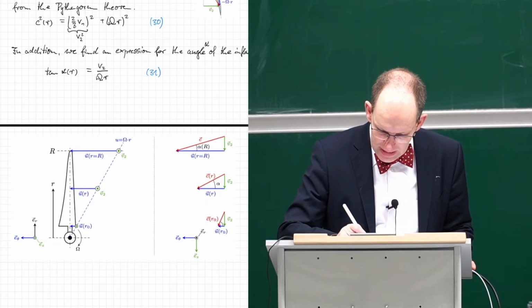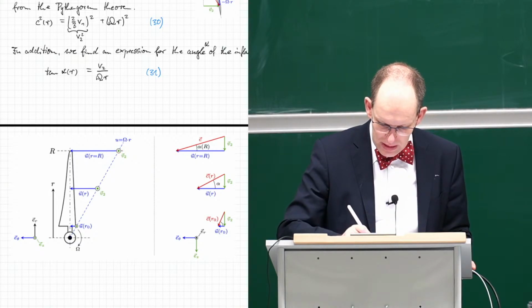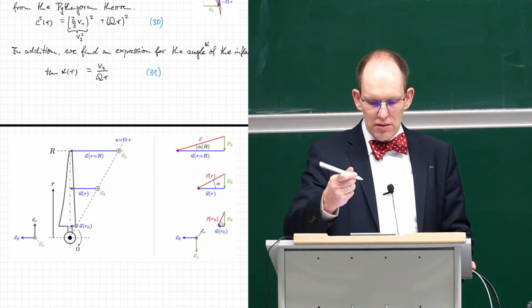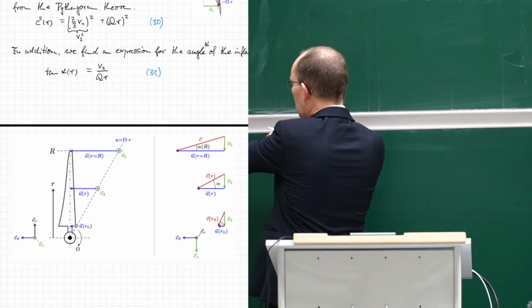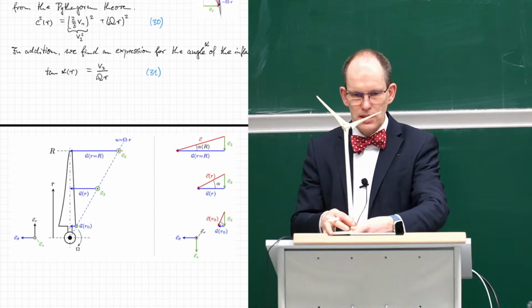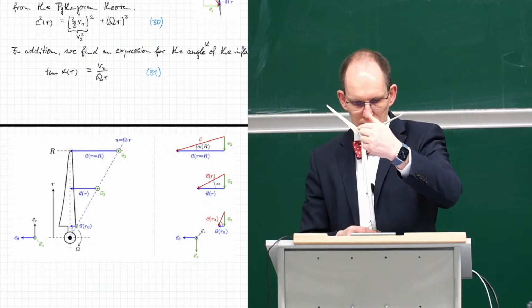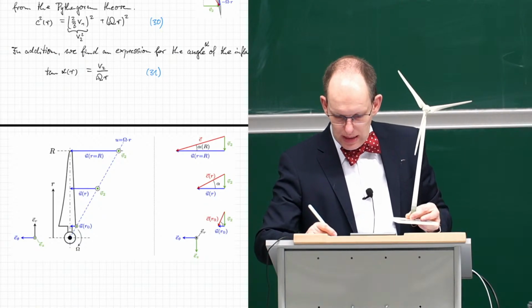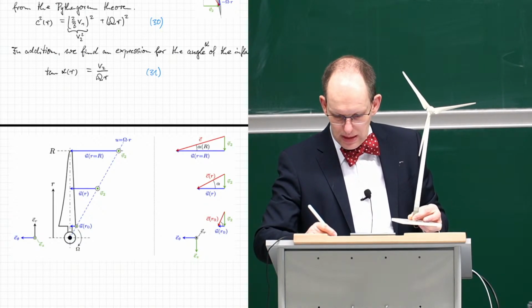What you also see is this green point here. This is the wind that streams head on this rotor blade, right? And you see both things here. So we have here the side view.